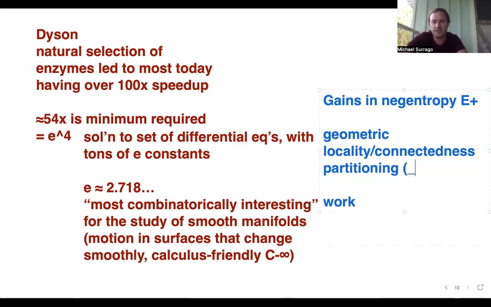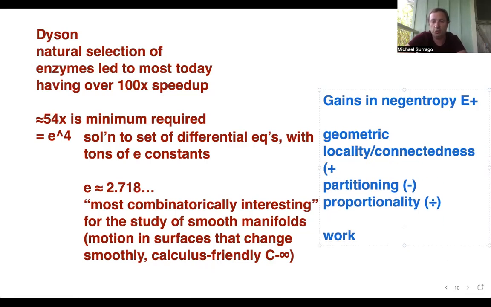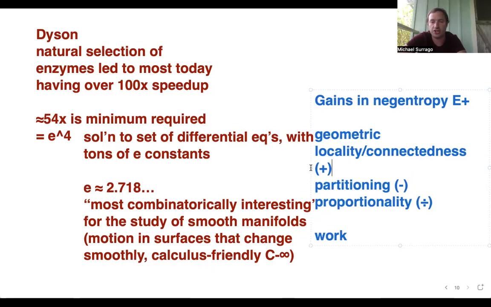Or sorry, that's just subtraction, whereas literally to subtract means to partition out, but then proportionality, and that's division. Locality, connectedness. I don't like to associate that with addition, but it's just associated with translation. So really, you could think of it as positive and negative, but it's really just motion, translation. There are places you can go, and work is product.